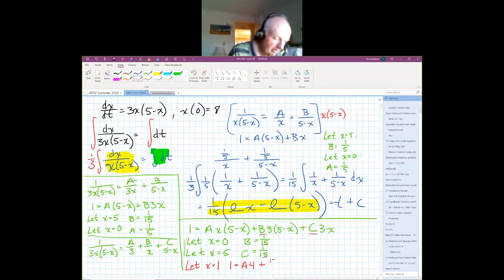That's 12/15. Plus c, c is 1/15, 3/15. That's interesting. Look at that. a equals 0, right? Hey, we like that. Because 12/15 and 3/15 become 1 and kill the 1 on the other side.